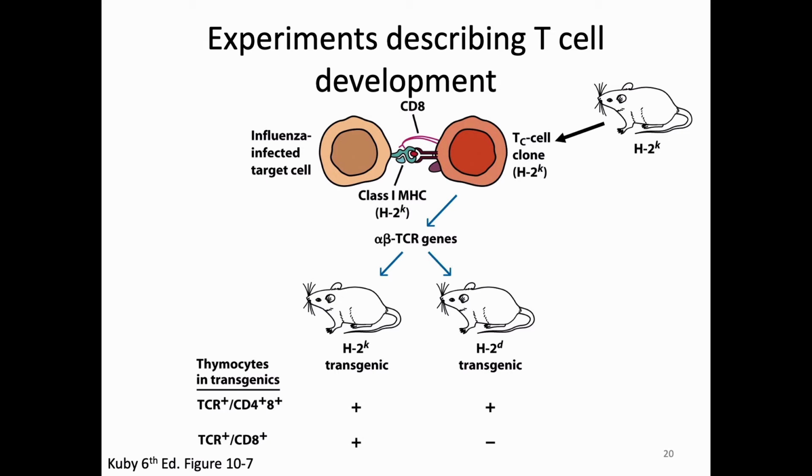If, however, I put those genes into a mouse that is otherwise of the H2D genetic background, I get double positives. They try really hard to develop, and they are looking for MHCs that they can match so that they can get a signal, but they get nothing. And they all die. And so there end up being no CD8s in this mouse.